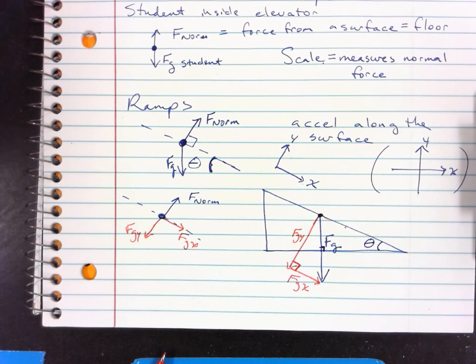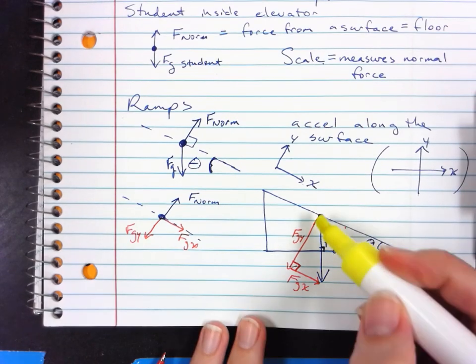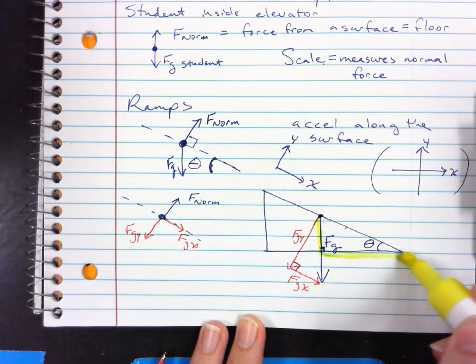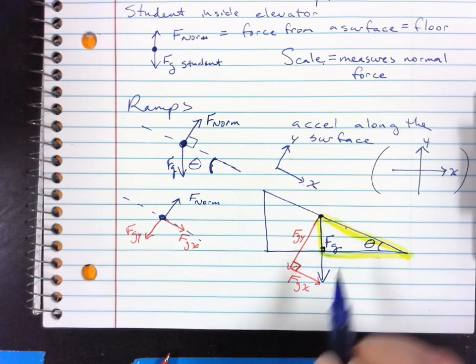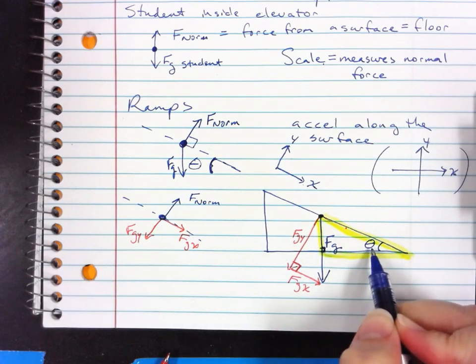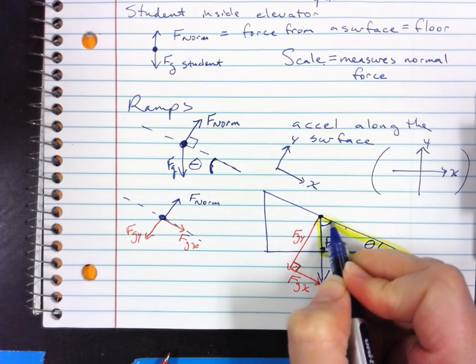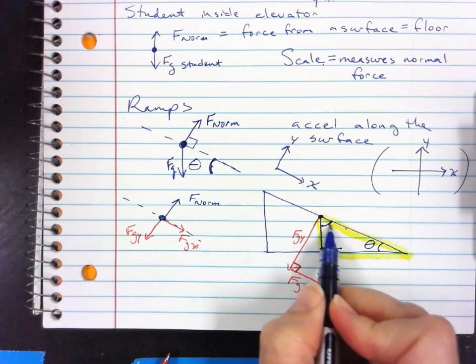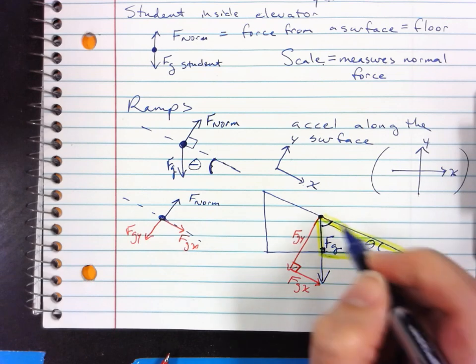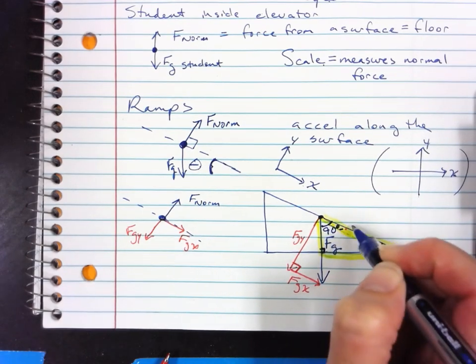So using a highlighter or two, here's the first triangle I want to look at. If this is a 90-degree angle, and this is some unknown angle theta, these three angles have to add up to 180. Well, this takes care of 90 of it. So these two have to add up to 90. So this angle here is 90 minus theta.